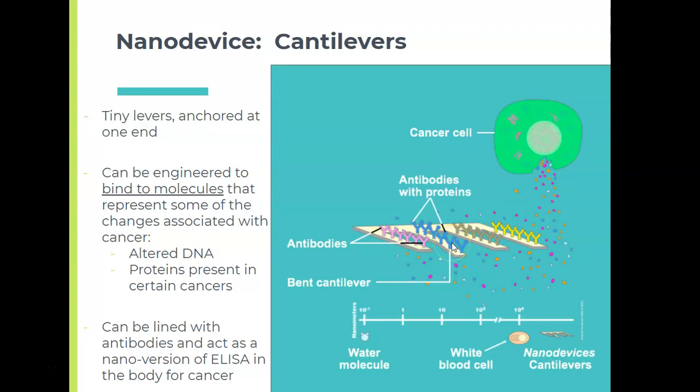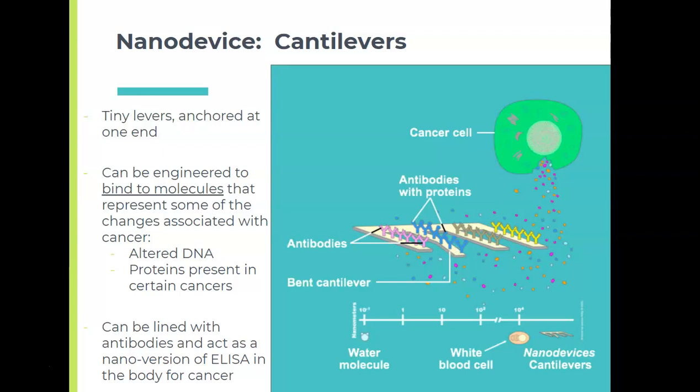We learned previously that antibodies are highly specific, so you can even design a cantilever to have different levers have different antibodies. So you could be testing maybe for 4 different things in one cantilever. And then whatever binds, that extra weight causes the cantilever or the lever arm to bend, and then you can actually see that response.